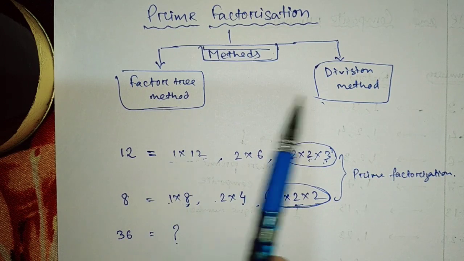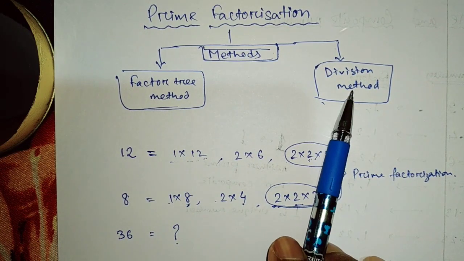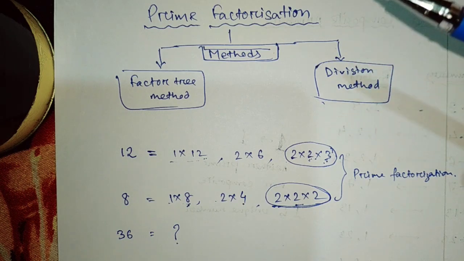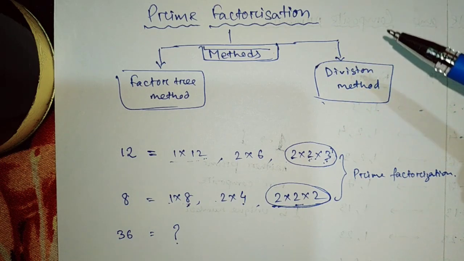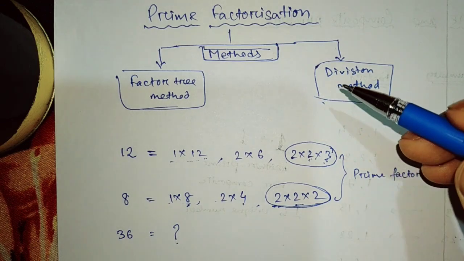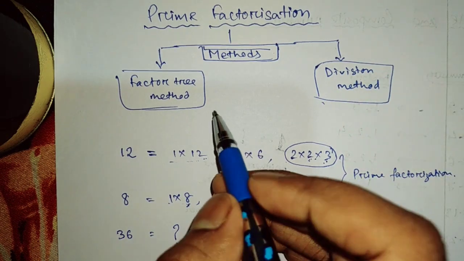Before discussing these two methods, let me be clear that we should have a clear concept about the divisibility rules that we studied earlier, prime numbers, and the concept of short division. These three things we need to know before proceeding further. What are the three things?